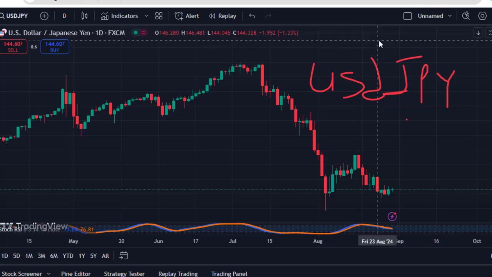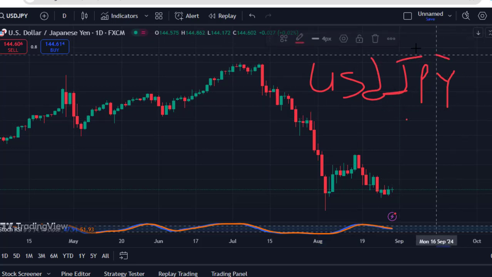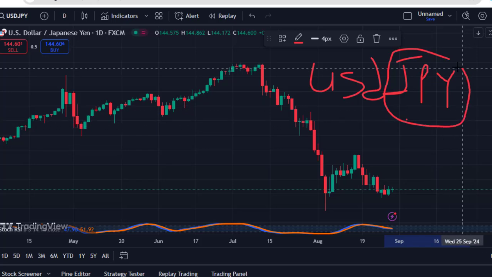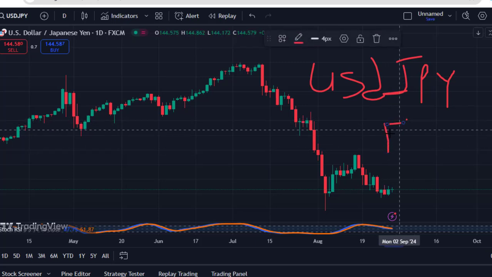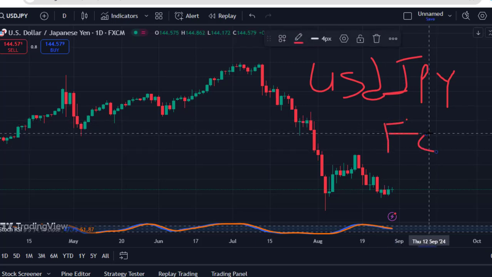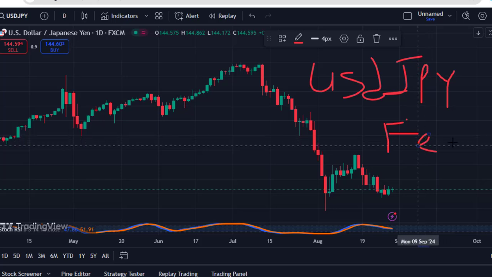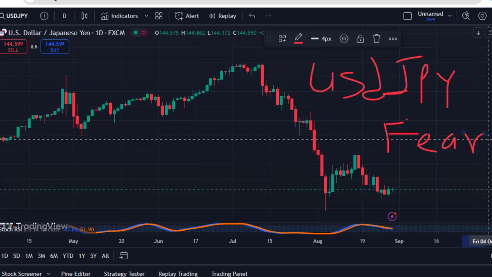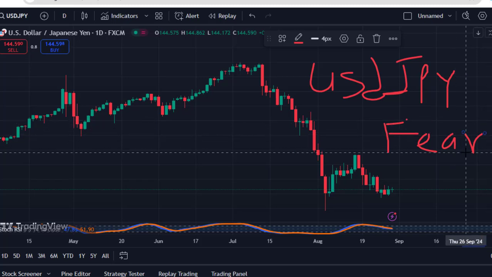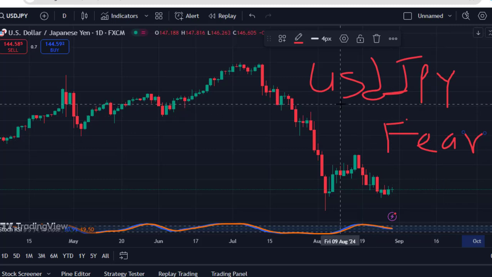One thing about USDJPY is that JPY responds to fear. So JPY right now as a currency responds to fear. So when people are fearful, people tend to buy the yen as a safe haven currency, so that they can take advantage of that. And not only that, yen has one of the lowest interest rates, and this is very important for you trading USDJPY.